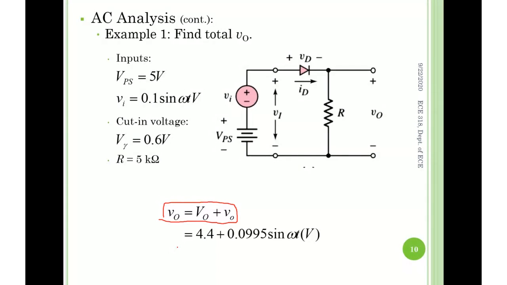All right, so this is the solution for example 1. Take a look. Any questions?